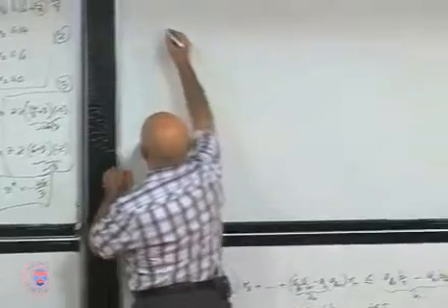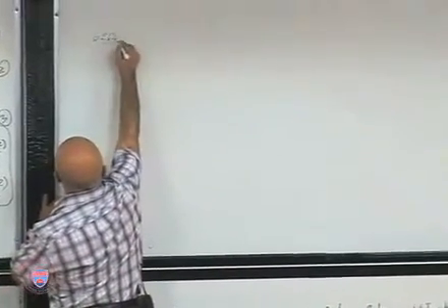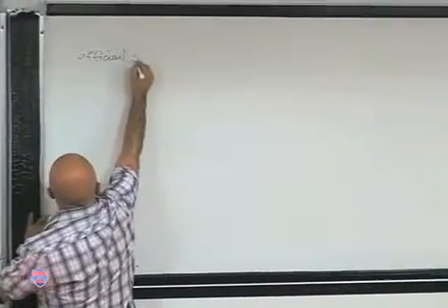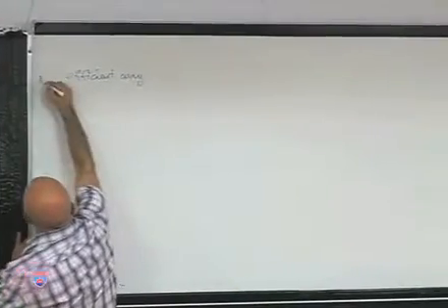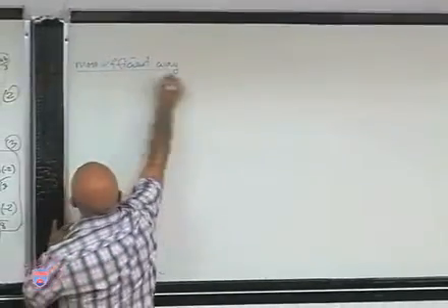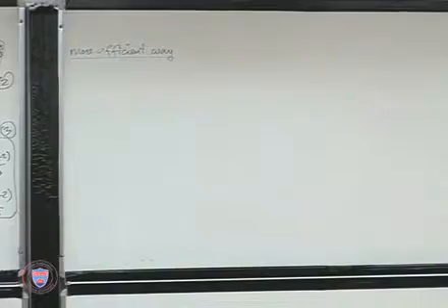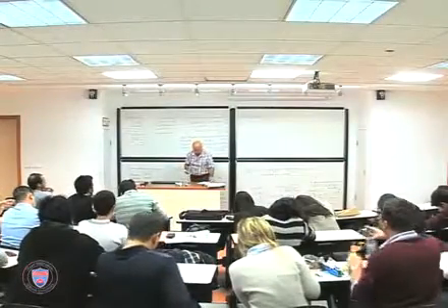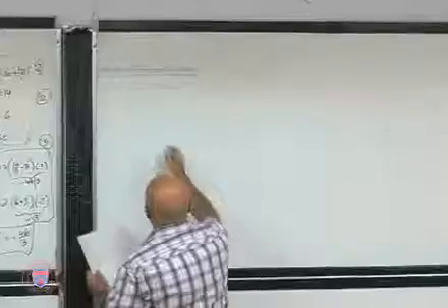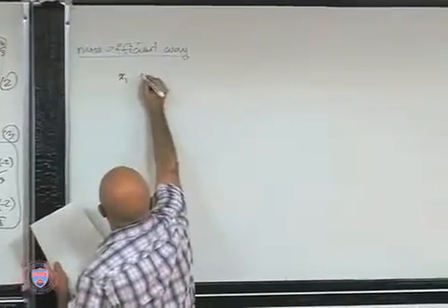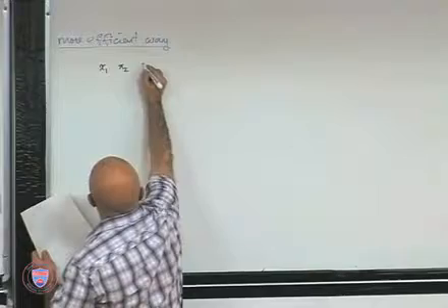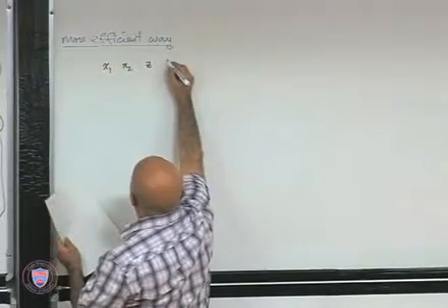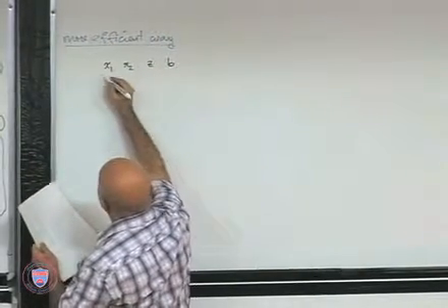The efficient way to do the same example, let's say more efficient way. Let me change my colors back to black again. All right. My initial system involves x1, x2, z, and right-hand side b.